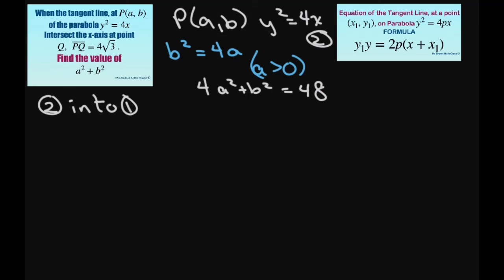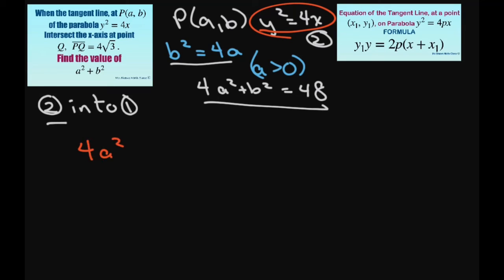So if you substitute 2 into 1, we have y squared equals 4x, so we have 4a squared plus 4a equals 48. All right, so I just substituted this b squared for 4a.